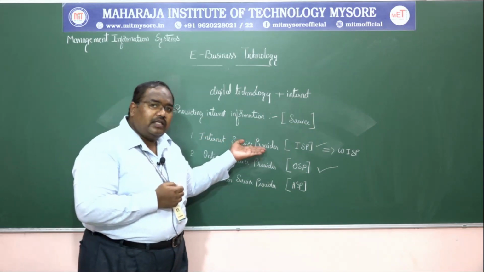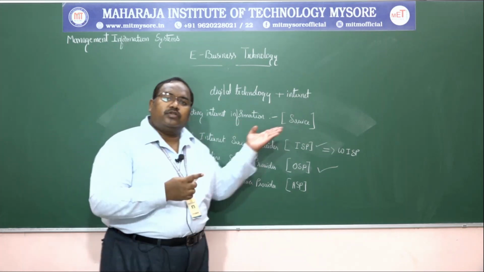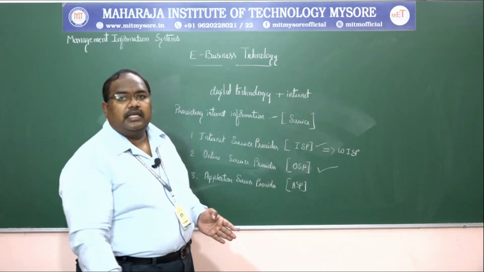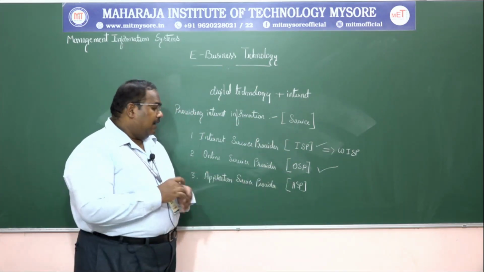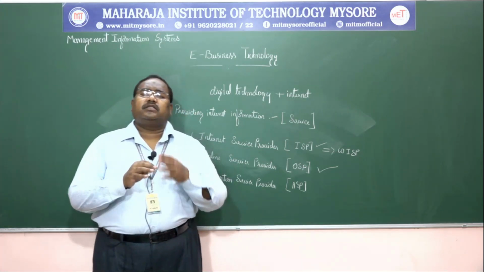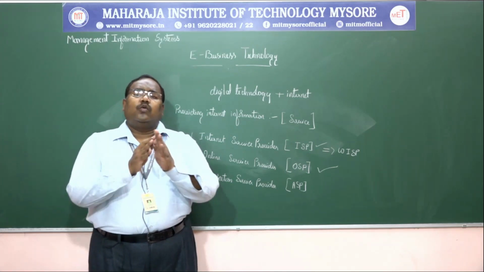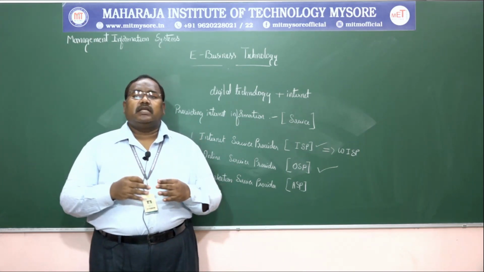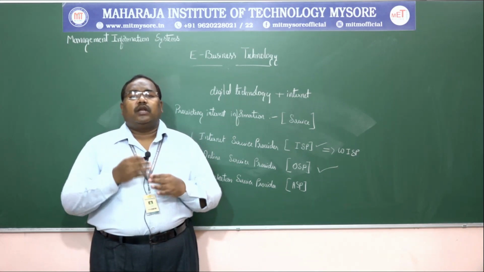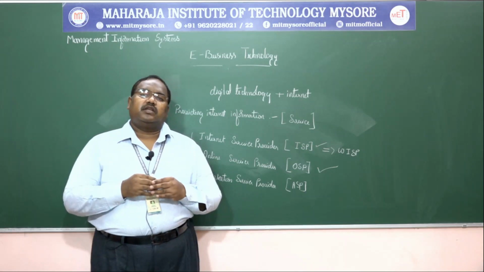Here we only provide the internet facility; here we provide the services in association with that particular internet. Third one is the application service provider. An application service provider is a company that offers an organization access over the internet to the systems and related services that would otherwise have been located in personal or organization computers.